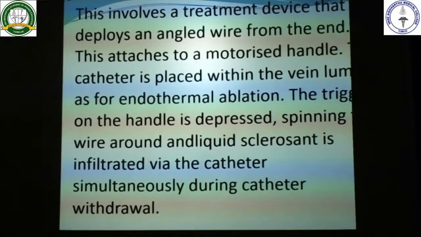The catheter is placed within the vein for endothelial ablation. The trigger on the handle is depressed, spinning the wire around, and liquid sclerosant is infiltrated via the catheter simultaneously during catheter withdrawal. Here the tip rotates and sprays the sclerosing material.